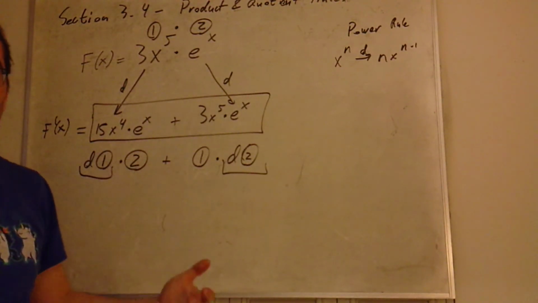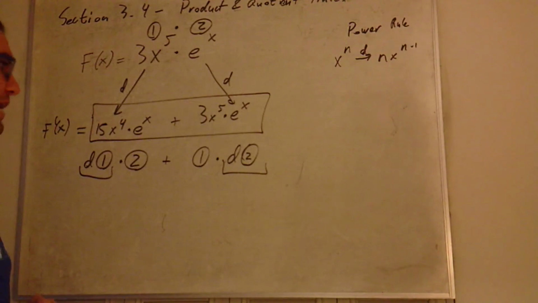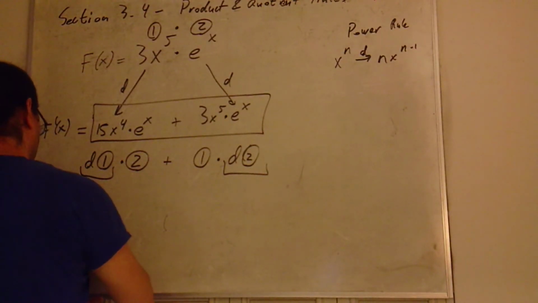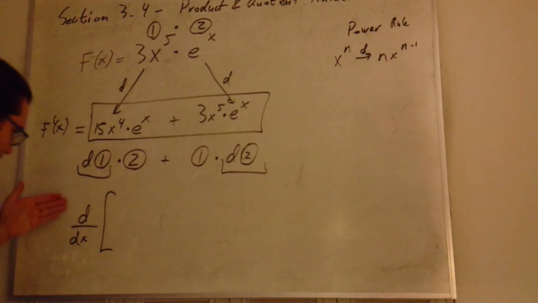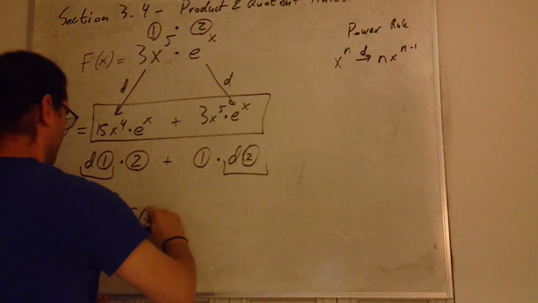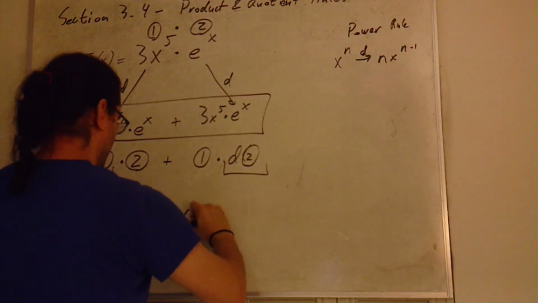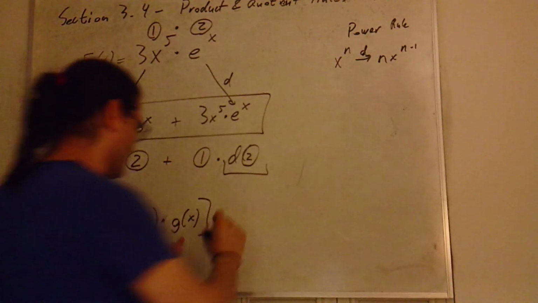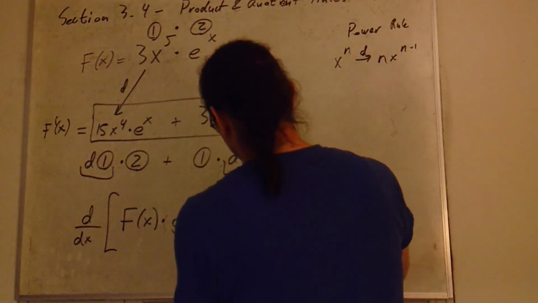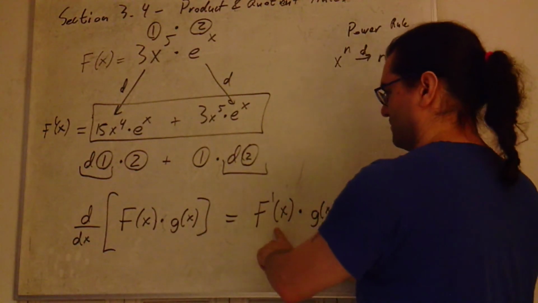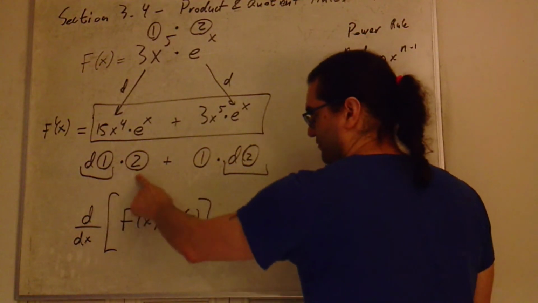I would be remiss in my duties as an instructor if I didn't show you how the book presented this. The book presents the product rule like this. d/dx means derivative of f of x times g of x. So this is the derivative of the product f times g. It is f prime of x times g of x, which is basically just a really fancy way of writing the derivative of the first times the second.